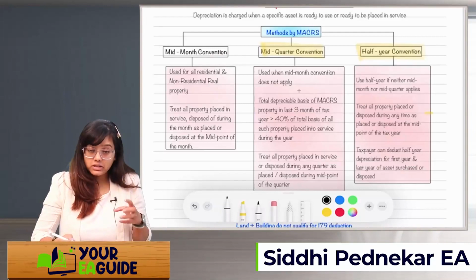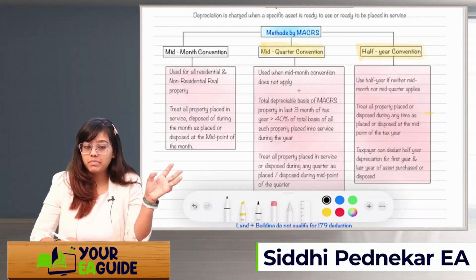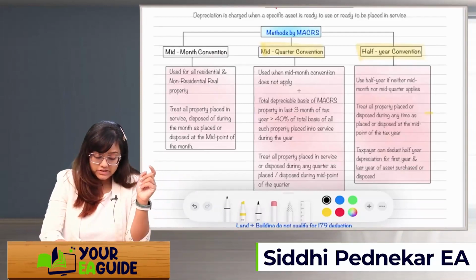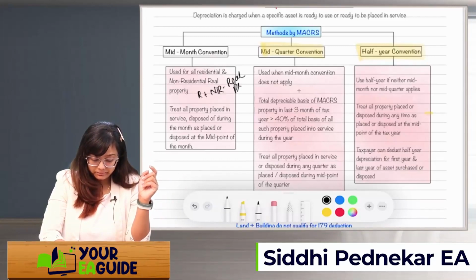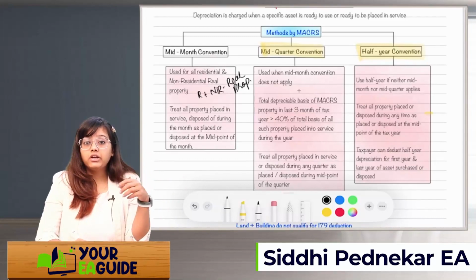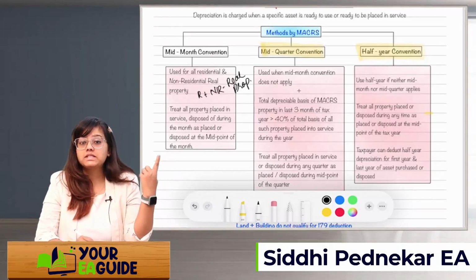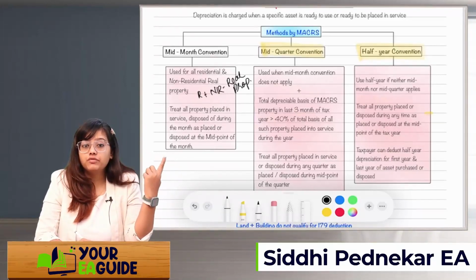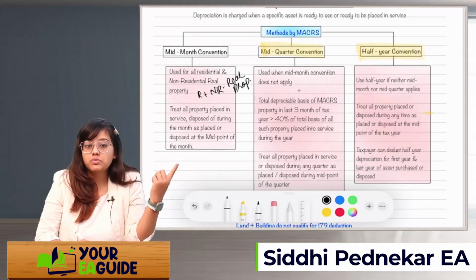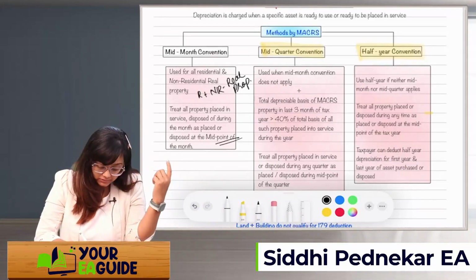See, the bifurcation between these three is depending on the type of property. If it's a residential plus non-residential real property, then treat all property which is placed in service or disposed of during the month as placed or disposed at the midpoint of the month.